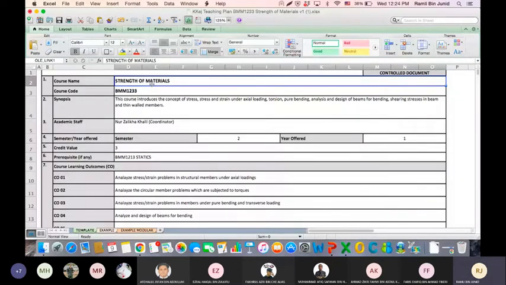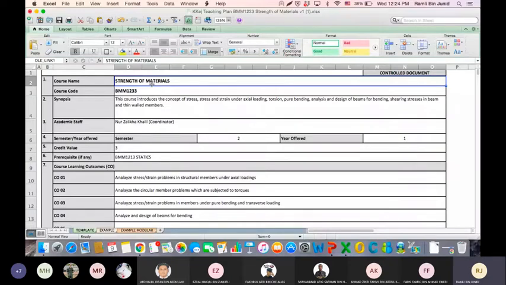Okay, so what are you going to study in this subject? As the name implies, strength of material or mechanics of material is the study of the strength of a structure. You are going to study about the strength. Strength is stress. Stress and strength are the same thing.